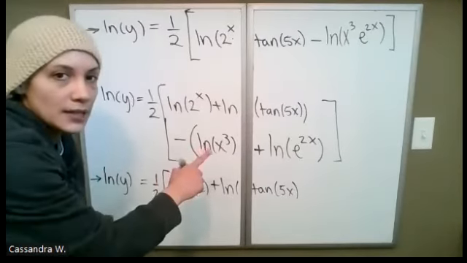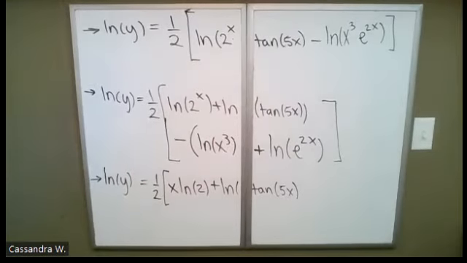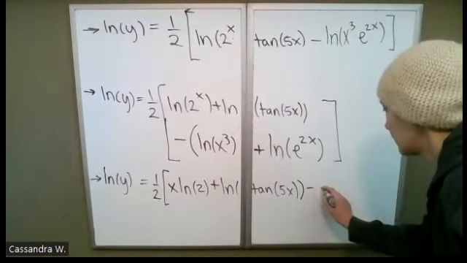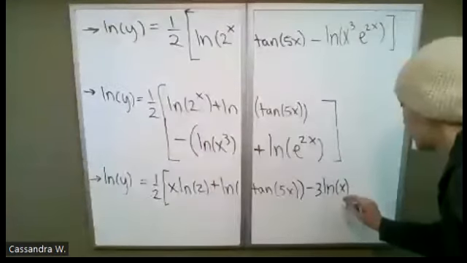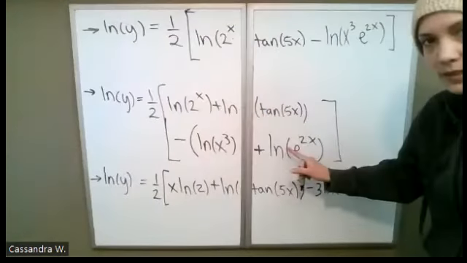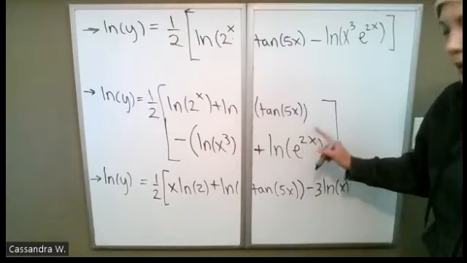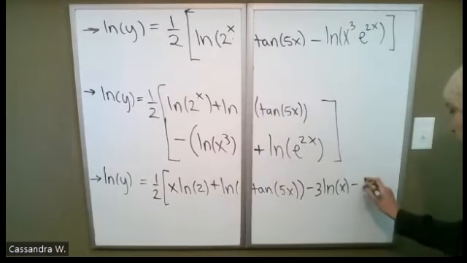Okay, we're going to subtract 3 ln of x. And you're going to subtract ln of e to the power 2x, which is going to leave 2x. So subtract 2x at the end.